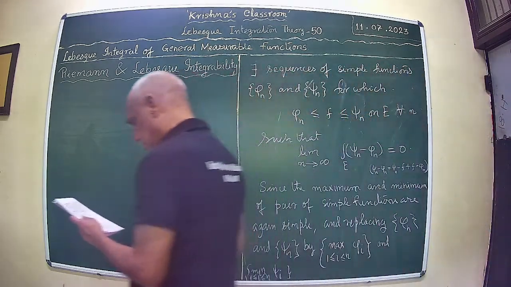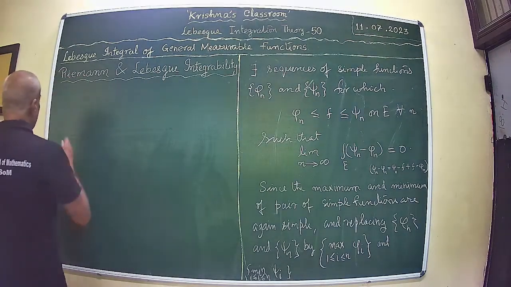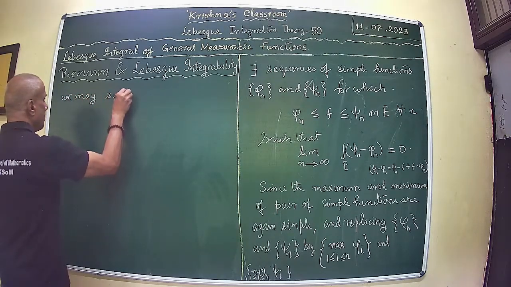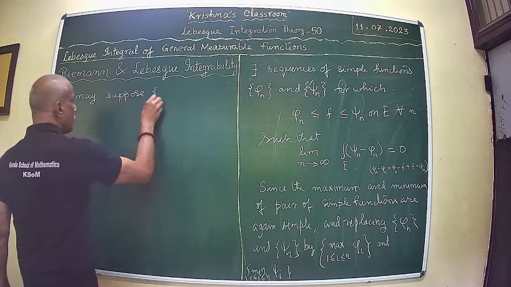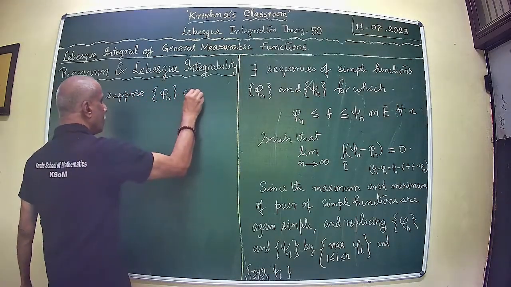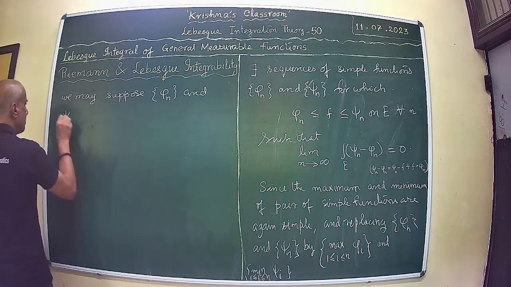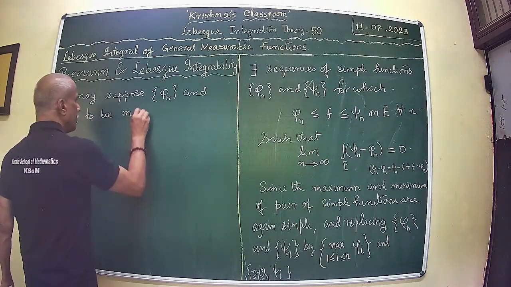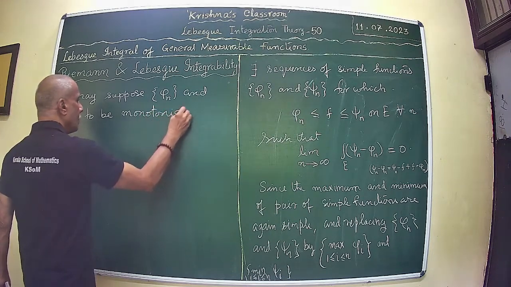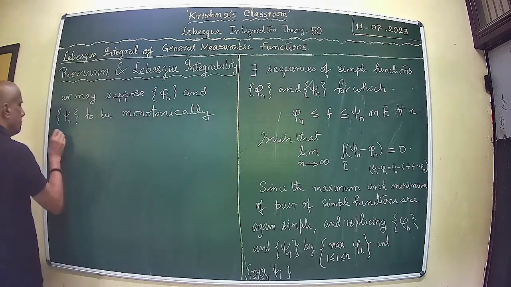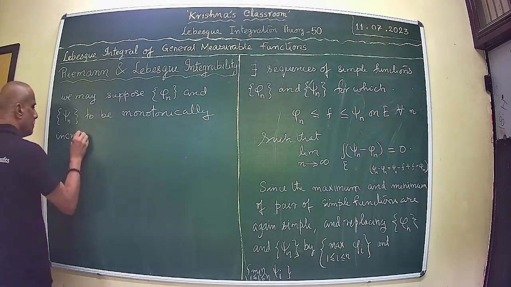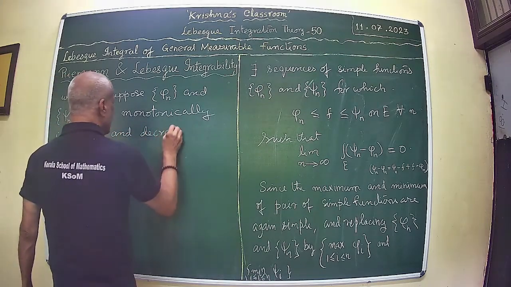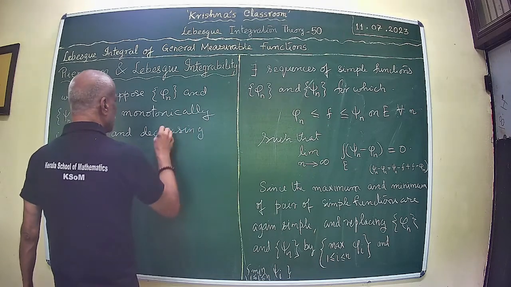So we may suppose phi n and psi n are monotone increasing and decreasing respectively.